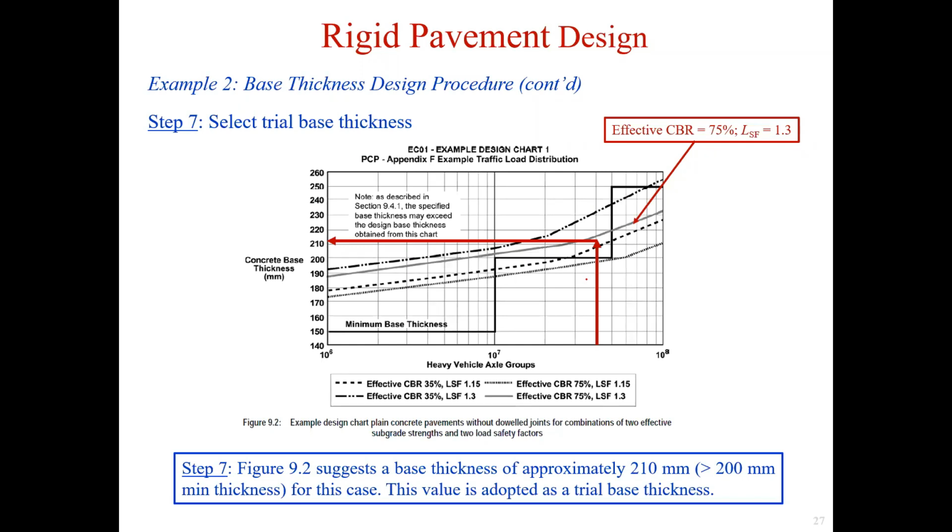According to the design traffic of 4 times 10 to the power of 7 and previous results, effective subgrade design CBR of 75% and LSF of 1.3, this figure suggests a base thickness of approximately 210 millimeter, which is greater than 200 millimeter, the minimum thickness. So this value is adopted as a trial base thickness.